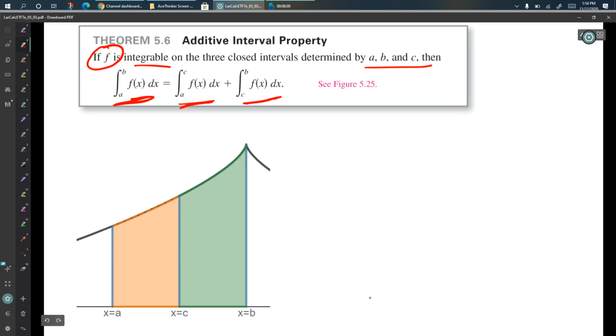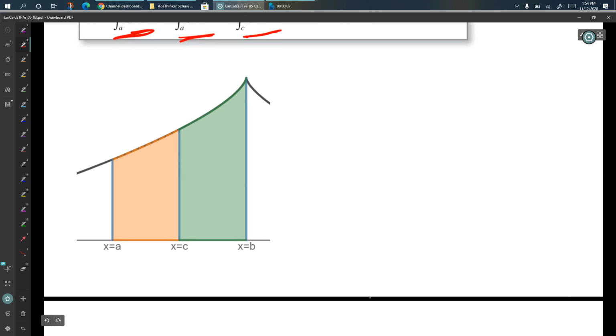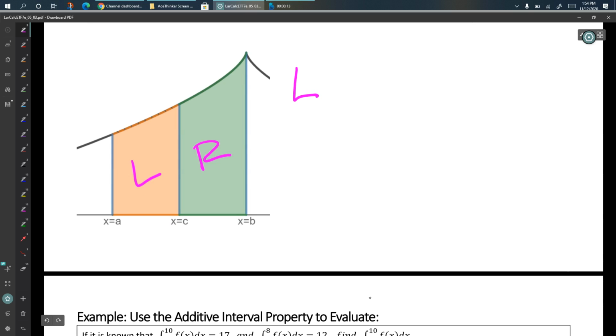And I have a figure for you here. A to c we're going to call the left, c to b we're going to call the right, and we are going to say that left plus right is equal to the whole thing.